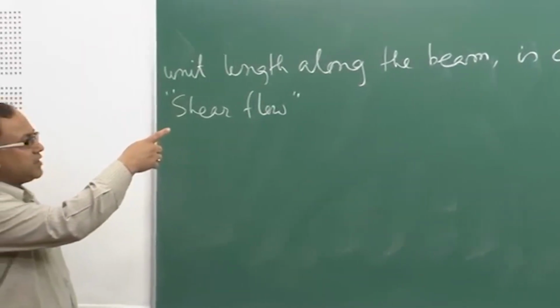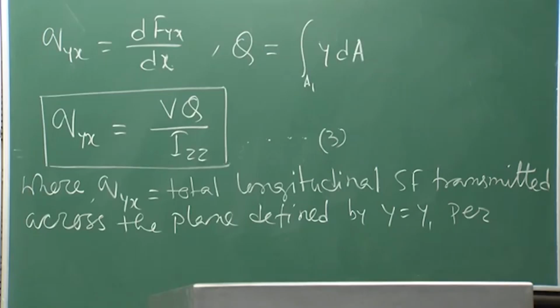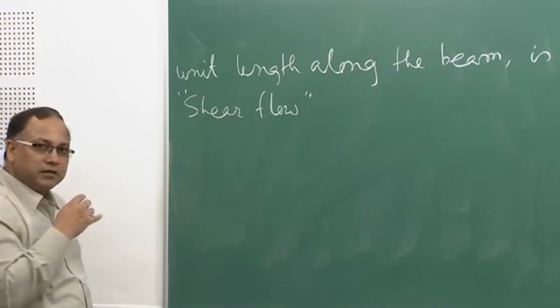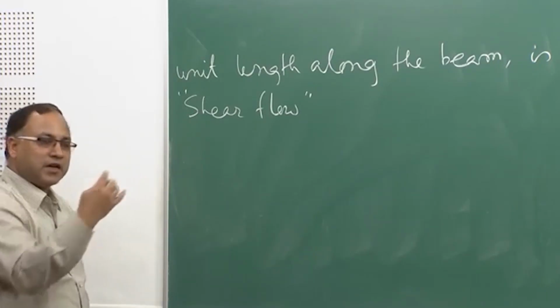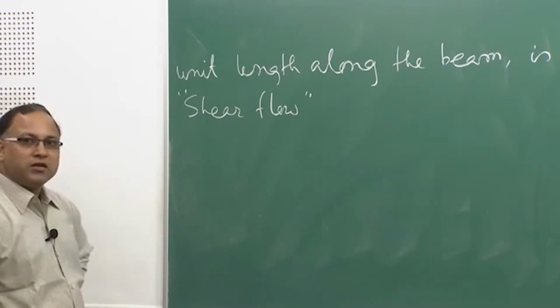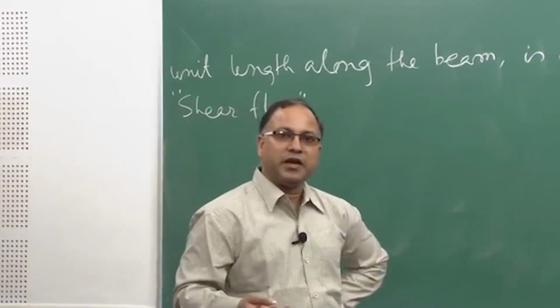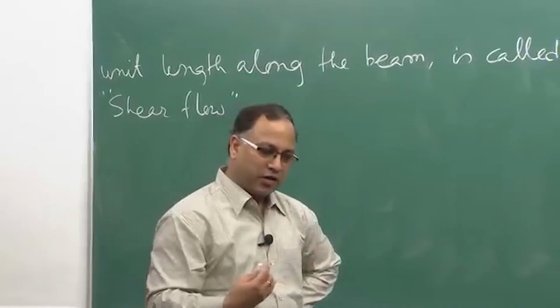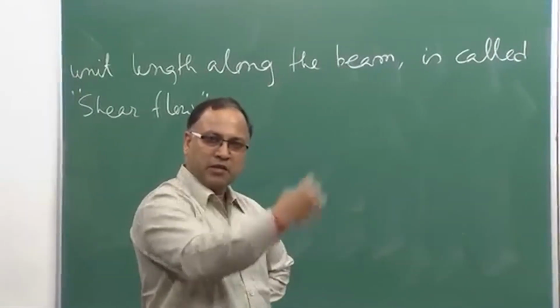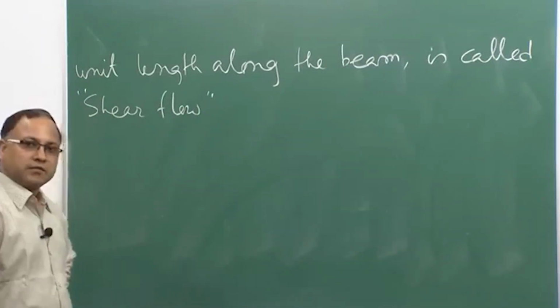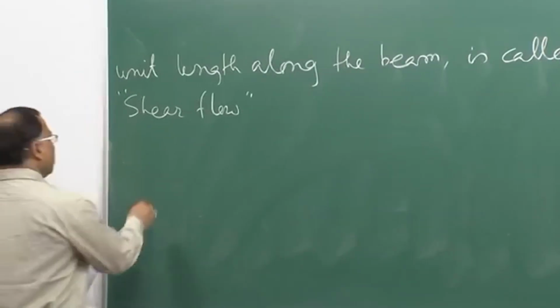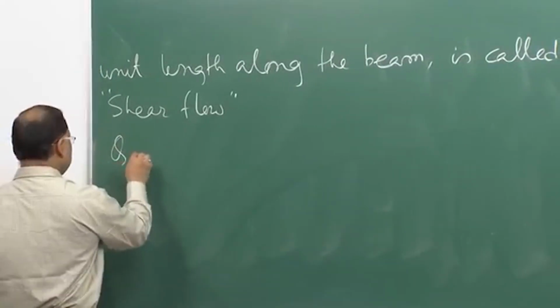So, dFyx/dx is the shear force acting on that particular y plane per unit length of the beam along the x direction, and is called shear flow. That is very important. So, that is the shear flow on that particular plane per unit length as you move along the beam.